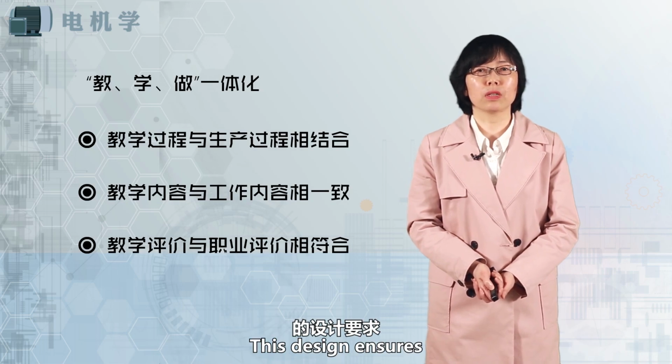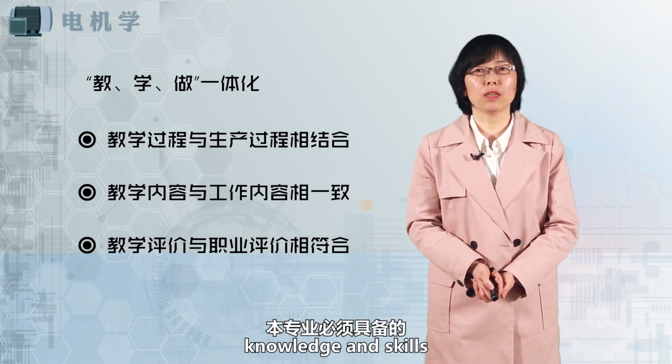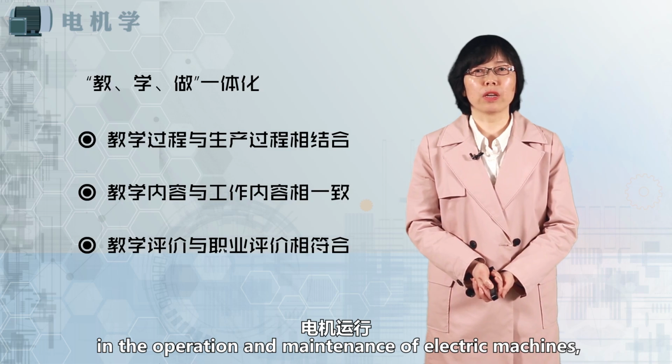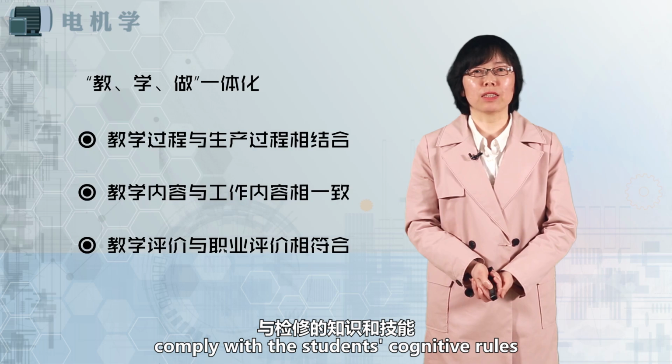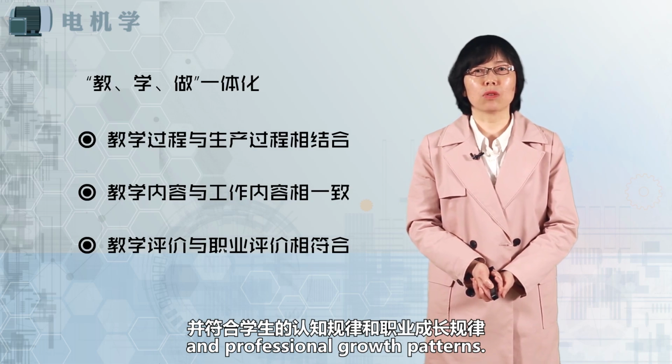This design ensures that students acquire the necessary knowledge and skills in the operation and maintenance of electric machines, and complies with the students' cognitive rules and professional growth patterns.